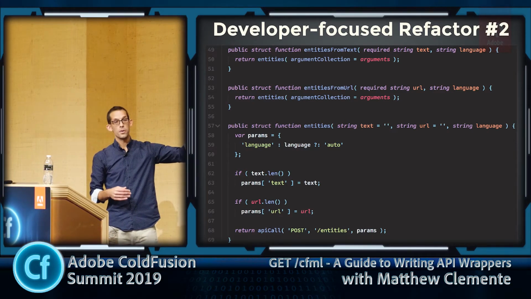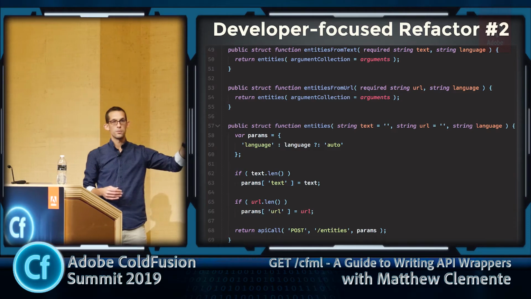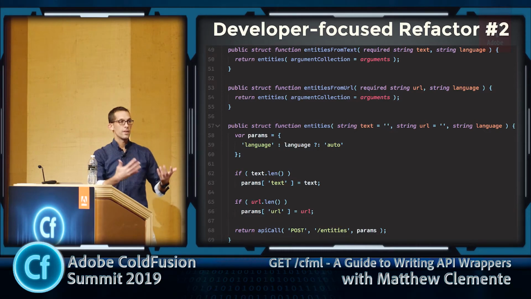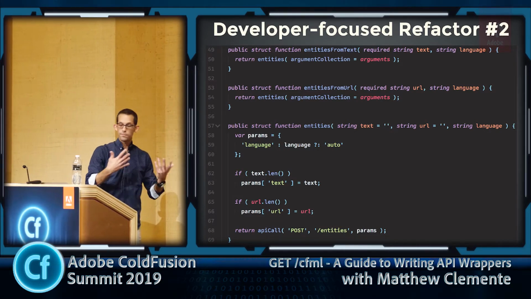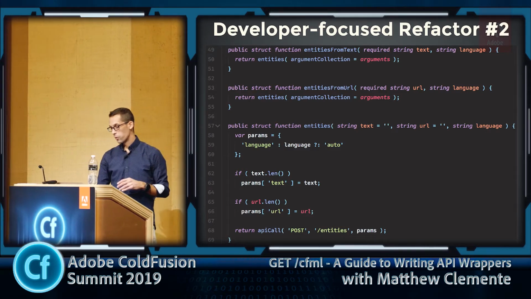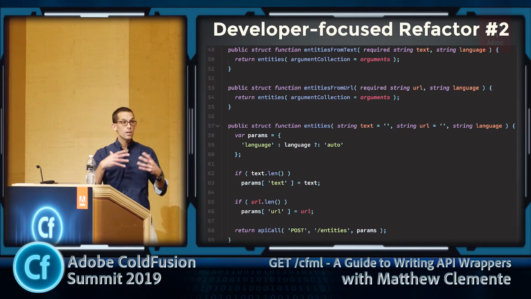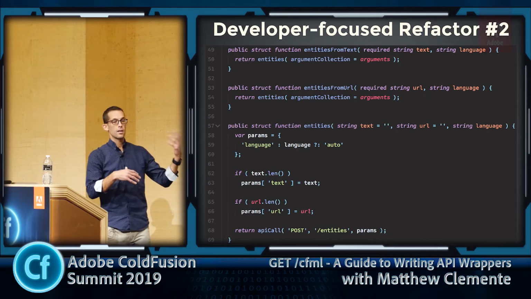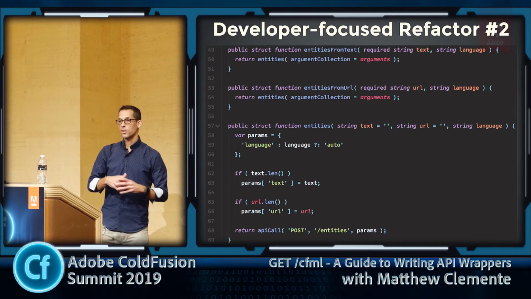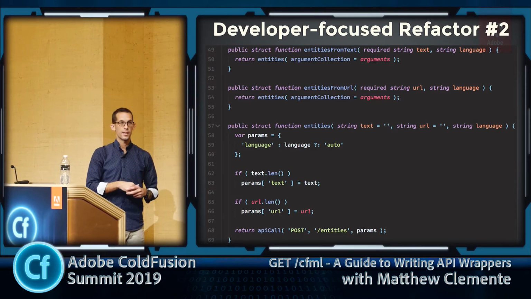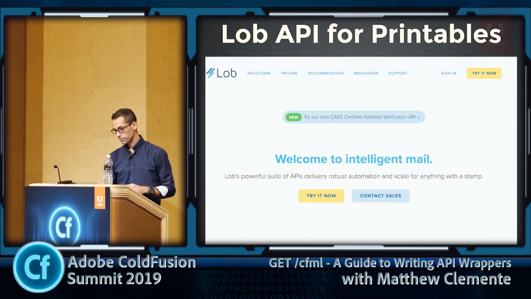Entities from text will always be a text one, entities from URL will always be a URL, and they just pass it down to that main entities method, making developers' lives easier when they're using it. So that's another possible way where you can refactor a pain point when you're working with an API. One of the cool things about writing wrappers, especially non-official wrappers, is that you can kind of freestyle like this and add functionality that makes your own life easier. You don't have to just map every function one-to-one to an endpoint. You can add other things that streamline your own life.